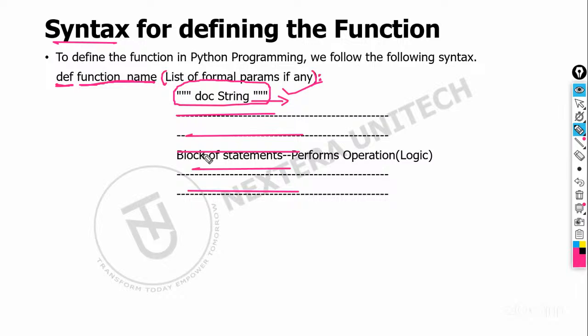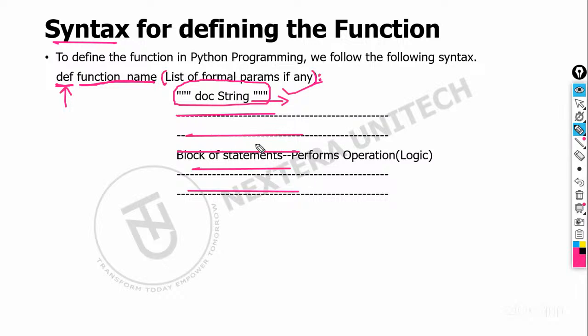So this is the syntax for defining a function. I repeat, def keyword followed by function name. Next to the function name, we'll have parentheses. In the parentheses, we pass parameters. Next to it, we'll have the indentation symbol, then our block of statements, our logic.